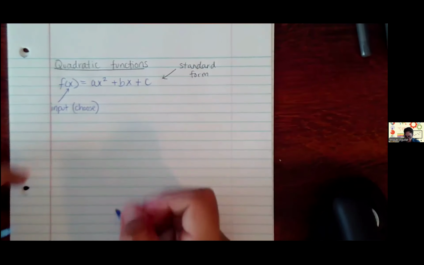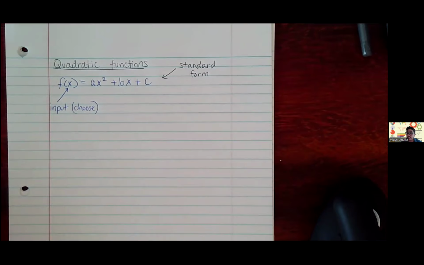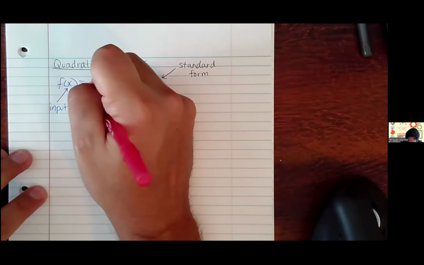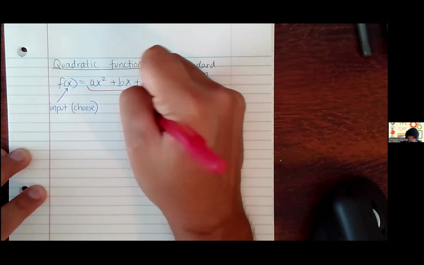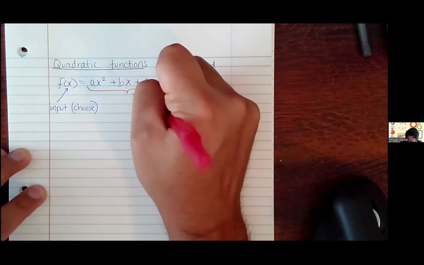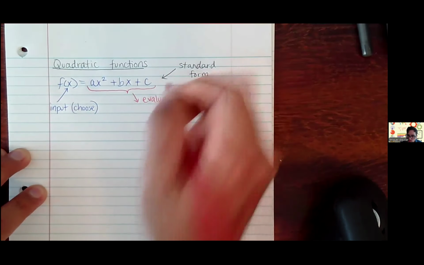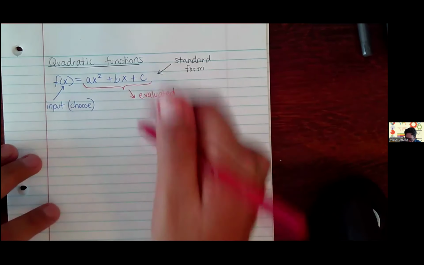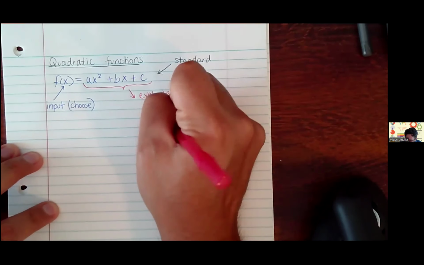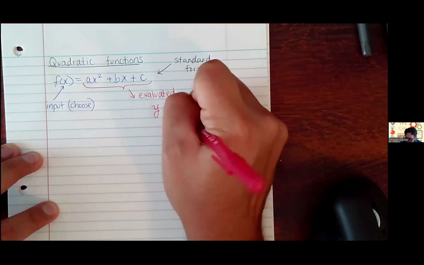And then, like we did in preparation for test one, we plugged things into a function and then we substituted that in for x. And then this gets evaluated, right? Or simplified if you want to think about it. We just put it in our calculator and then that spits out our y value, which is our output value.